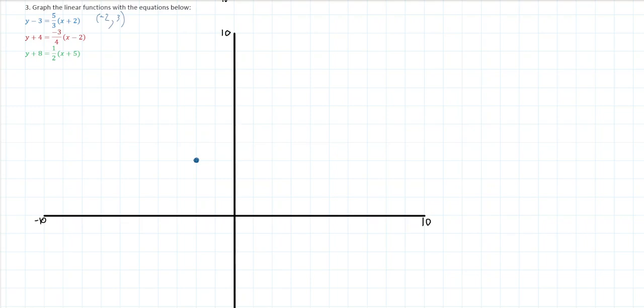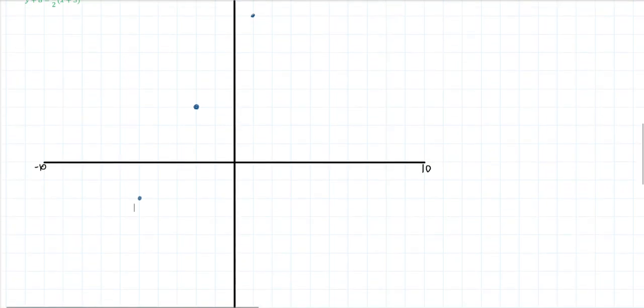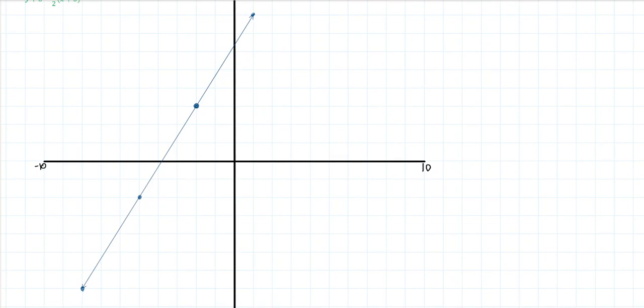Then I use rise over run, so I go up by 5, over by 3, and then I just do it in reverse, down to here, and hold on, I'm not far enough, there you go. So now that we have that, we can put the line in. You should be using a ruler to make a nice straight edge.